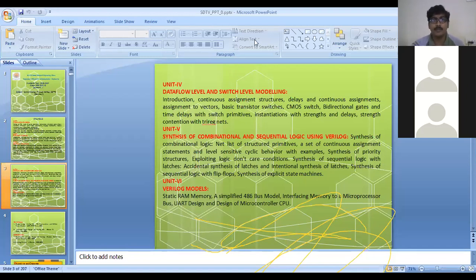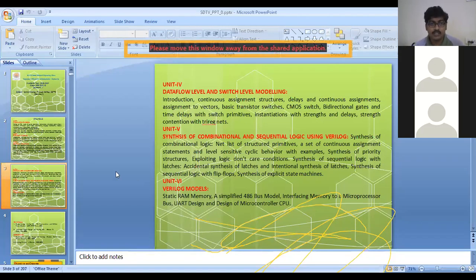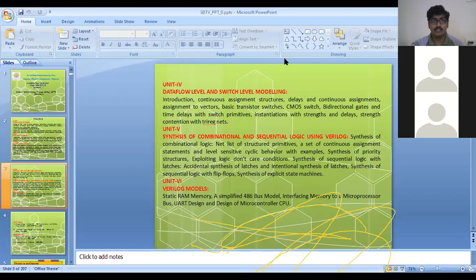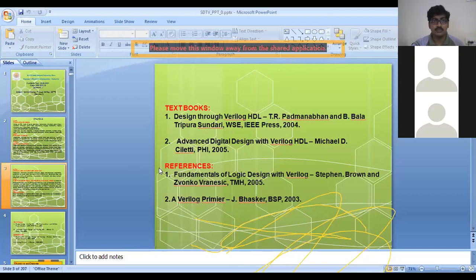That means from scratch onwards, we are learning Verilog HDL from minimum level constructs to the designing of very big and small devices, right? So we have some textbooks.